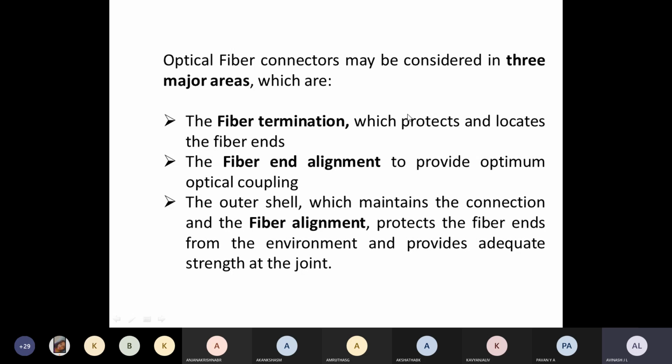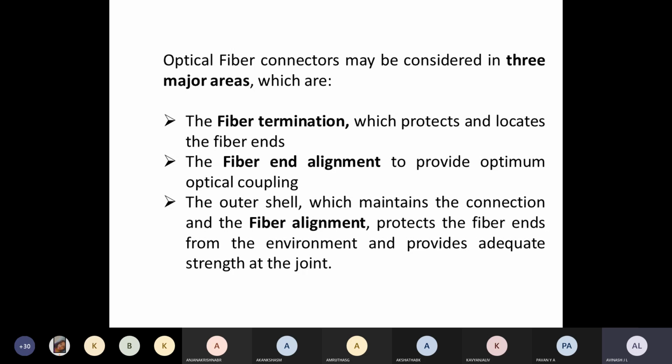So here the first area is fiber termination. That means the ending. Fiber termination protects and locates the fiber ends. Wherever the fiber is, that particular fiber end we need to protect. That is called fiber termination.